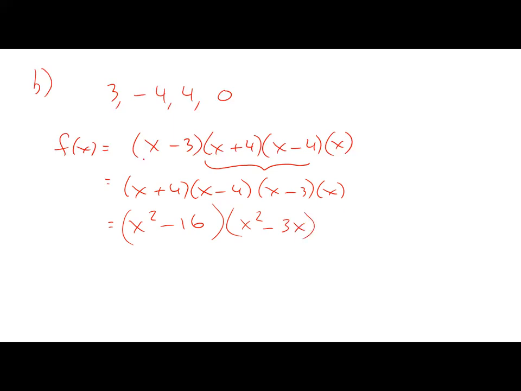And then you don't have to go everywhere. So the x will multiply just one of them, right? All right, almost done. Let's go with x times x, x to the second times x to the second, x to the fourth. This would be minus 3x cubed, minus 16x squared, plus 48x. Is that what we have there? 48x.